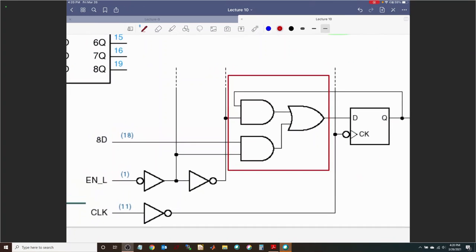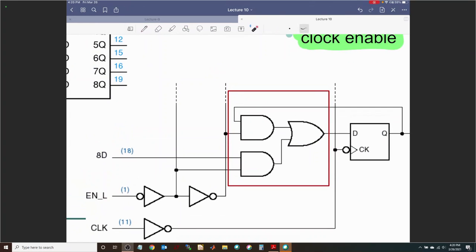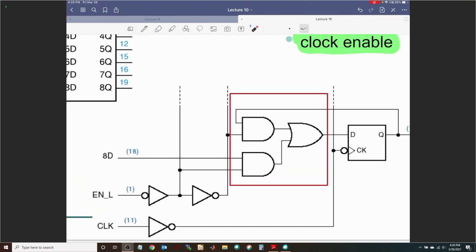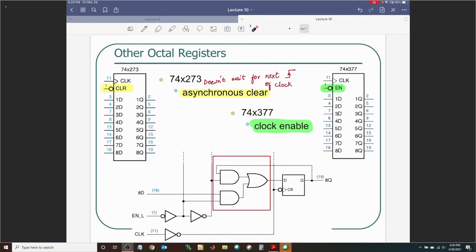You see, there is an enable going into this and the complemented form going into this, right? So if it is 0, it selects this one. If it is 1, it selects this one. It's a 2:1 mux. All right, let me draw the 2:1 mux here.